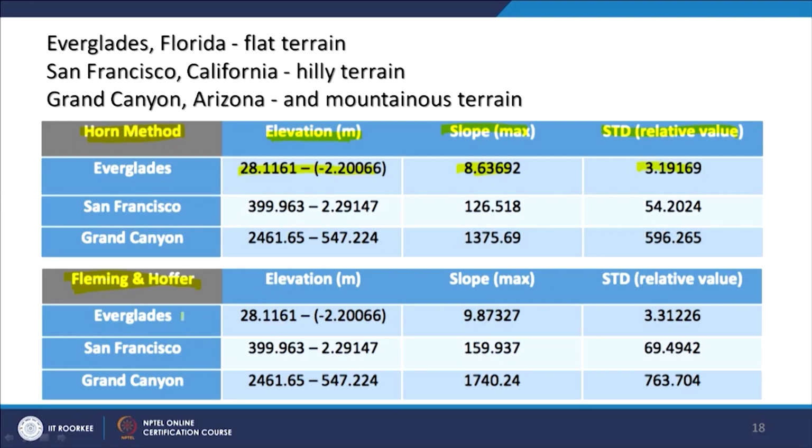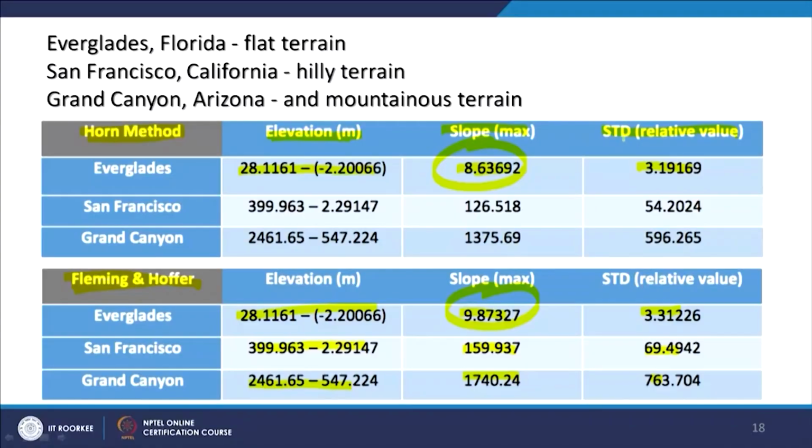Similarly, for the different regions, the values vary, the slope of course varies, and the standard deviations vary. If we compare this slope maximum with this slope maximum, obviously, as I also discussed in the previous lecture, the results are going to be a little different. Similarly, the relative value here is this, and it also has a little different variation.